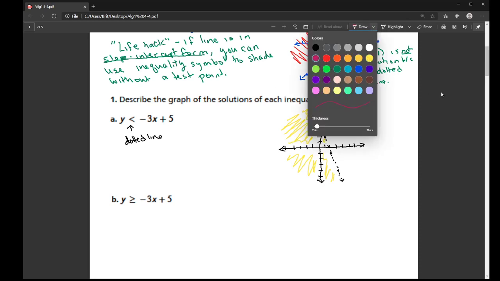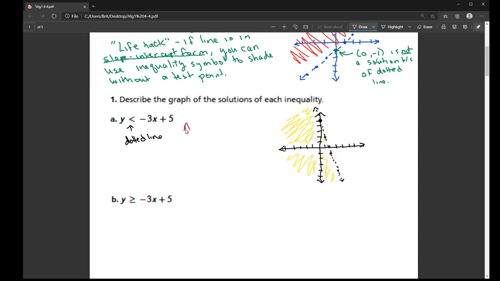So if I were describing this, I would say all points below the line y equals -3x plus 5 and not on the line itself. So that's how I would describe the graph.